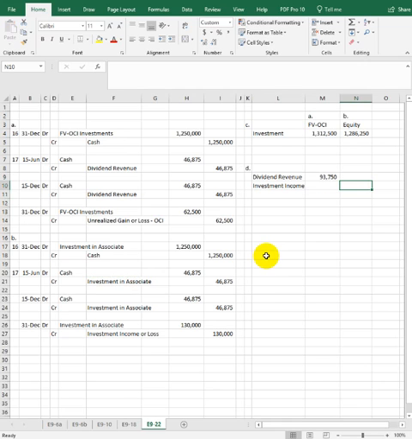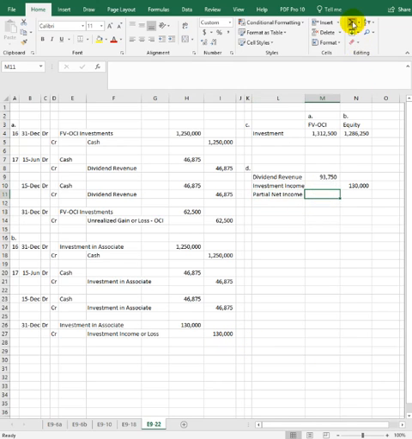So that's the amount. And that gives us our net income, partial net income. So we're just going to add that up.